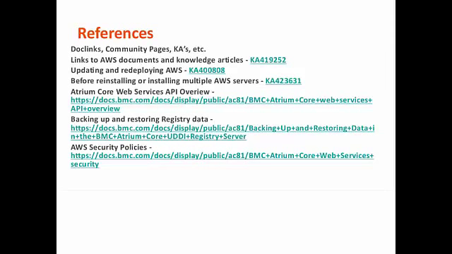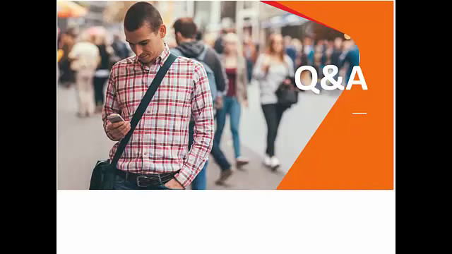Okay. And one follow-up question. So we can do AR Web Services using the Developer Studio, but there's no visibility into the Atrium Web Services. Yeah, that's correct. As I mentioned, the AR Web Services, you can generate them on the fly, and that's what you do with the Dev Studio.